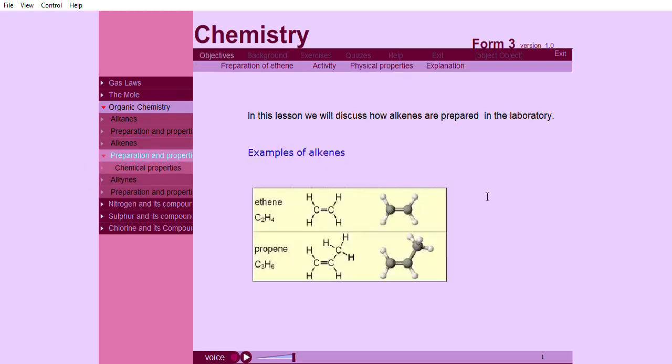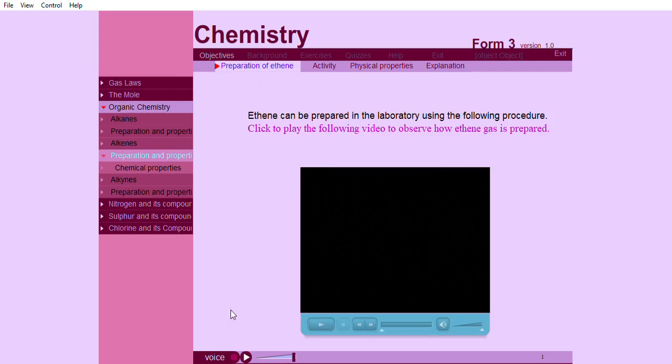In this lesson, we will discuss how alkenes are prepared in the laboratory. Ethene can be prepared in the laboratory using the following procedure.